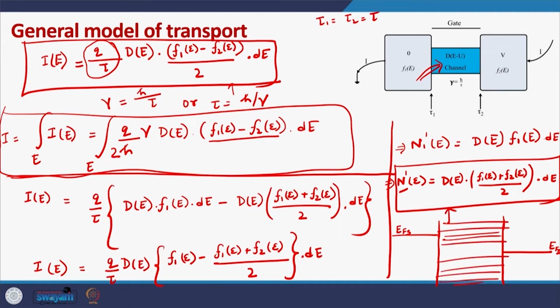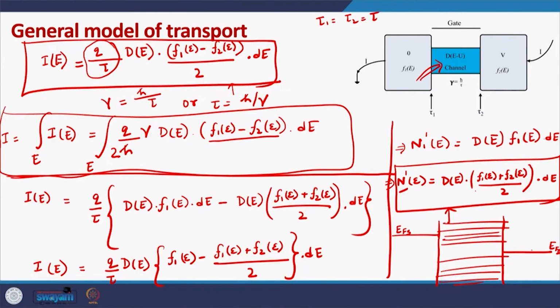The more the difference between EFS and EFD, or EF1 and EF2, the more will be the current, the more will be the difference in F1 and F2. So, the more the difference between the Fermi functions of the two contacts, the more will be the current in the device.